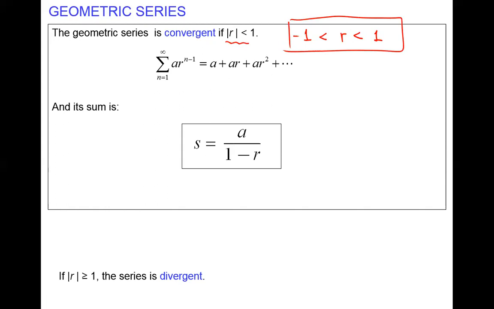The sum is finite. If the common ratio is from that interval, we can compute the sum using this formula, A over 1 minus R. But this formula only works if R is between -1 and 1. If R is outside this interval, then the geometric series is divergent.